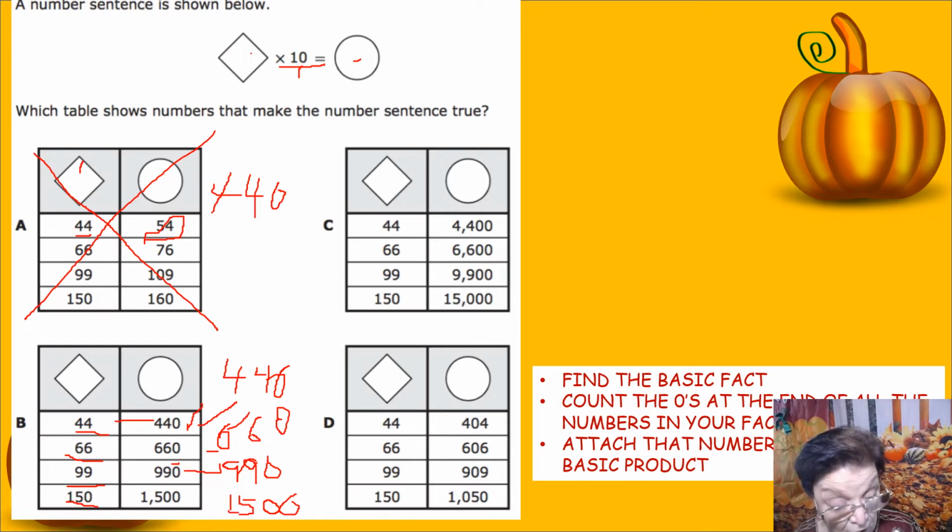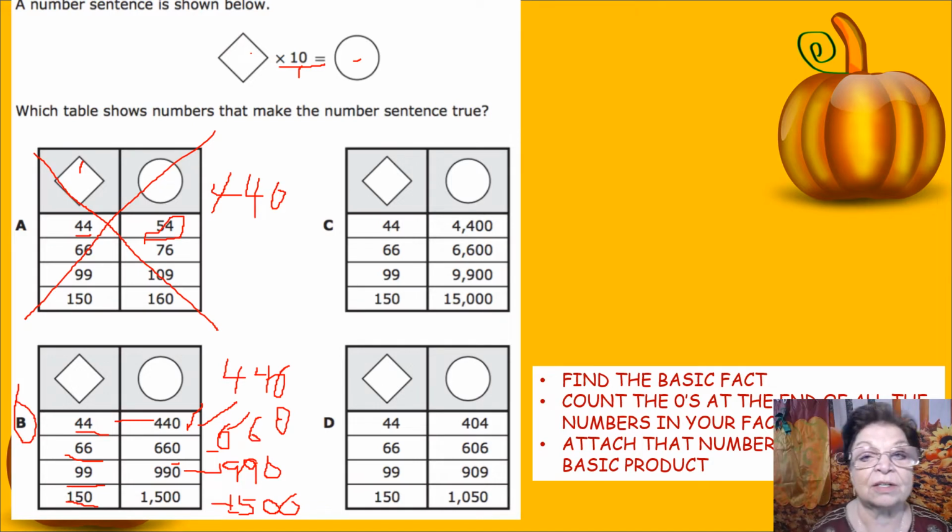So it's good. Oh, look, they all 4 matched. This is called an in and out chart. When they all 4 match and they're all 4 correct, that's going to be the correct number. If you said B, you were absolutely correct.